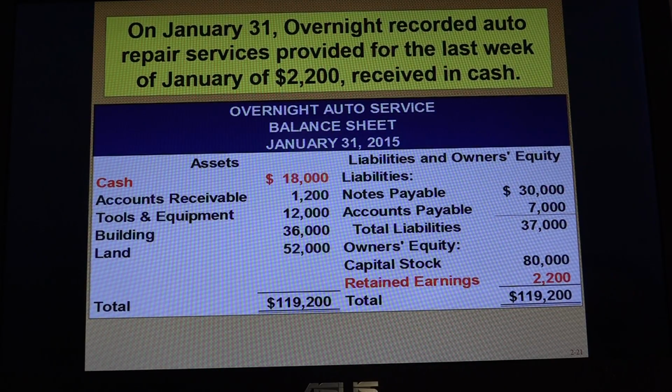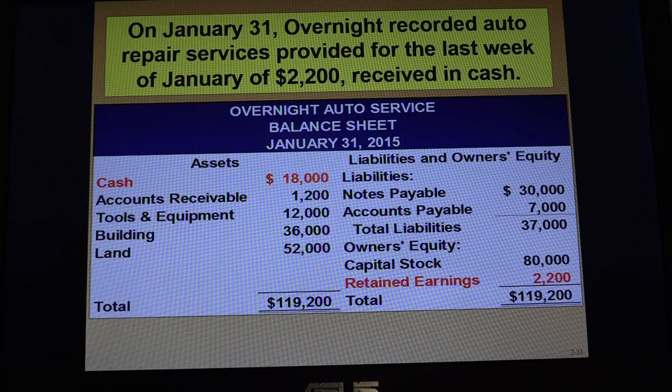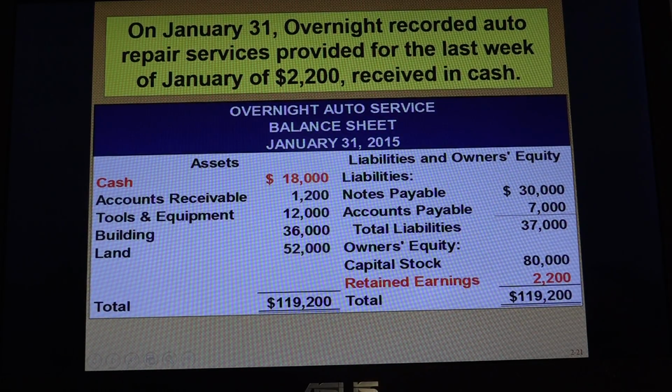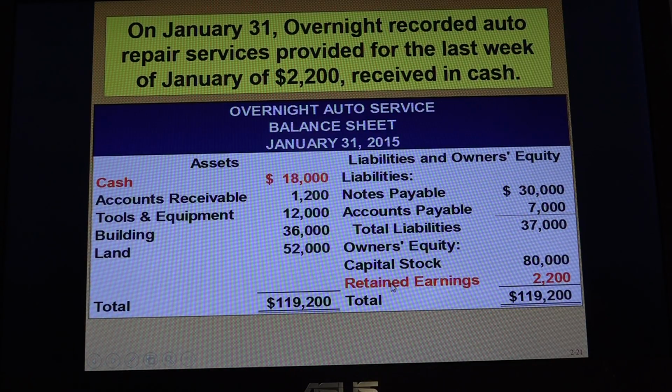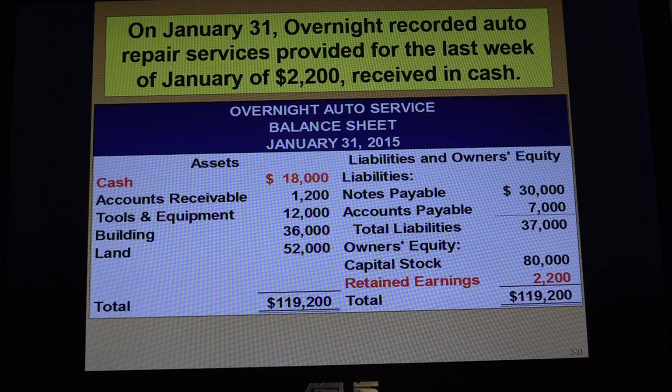But this thing called retained earnings, if you recall, we talked about net income earlier. Revenues less expenses equals net income. And net income and retained earnings are essentially one and the same as long as you don't reduce those retained earnings by paying dividends.